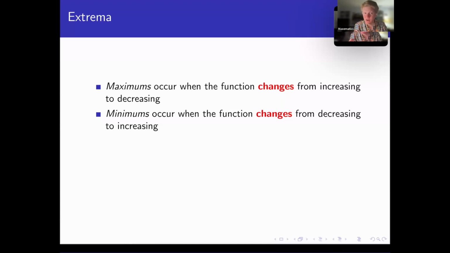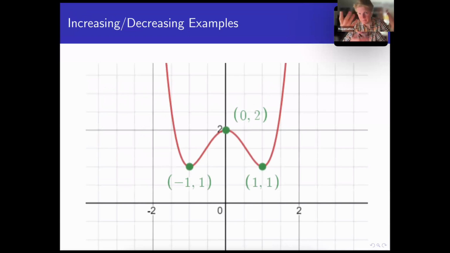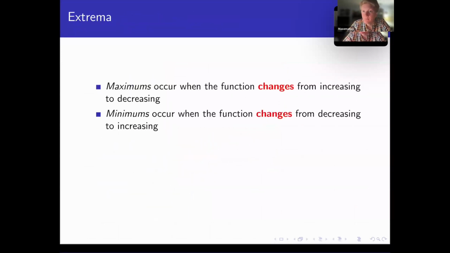But extrema, maximums, and minimums are specific locations in time or in space. We'll go back to this example. The increasing, decreasing were intervals, these long, smooth intervals where we were decreasing and then increasing and then decreasing and then increasing. But at the locations where it changes, those are maximums and minimums. So increasing, decreasing are intervals, extrema are points.